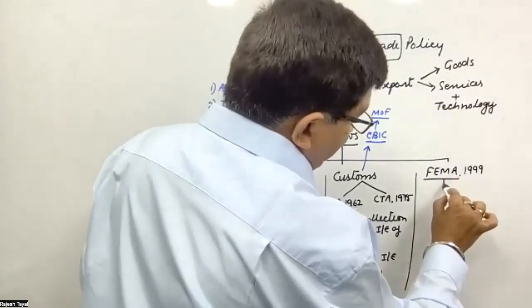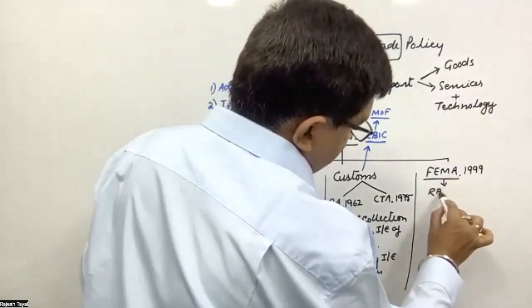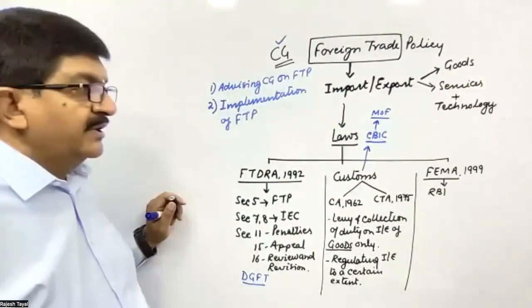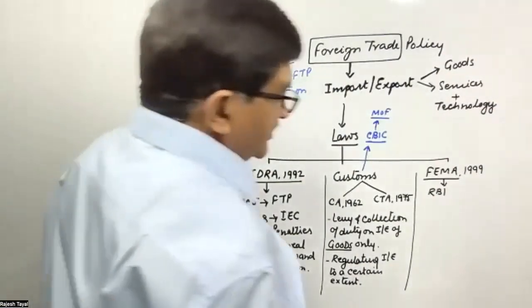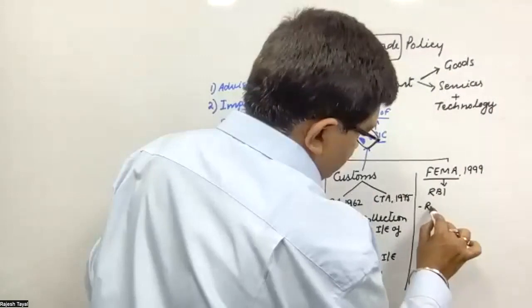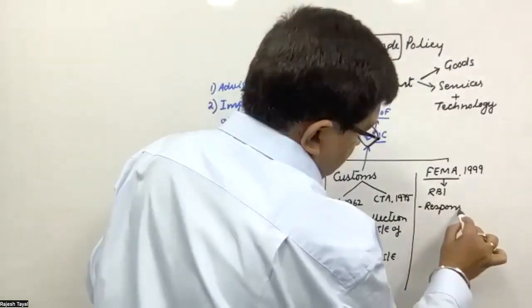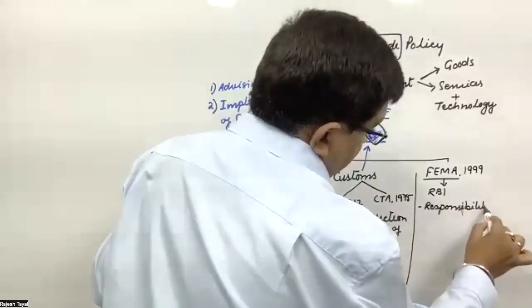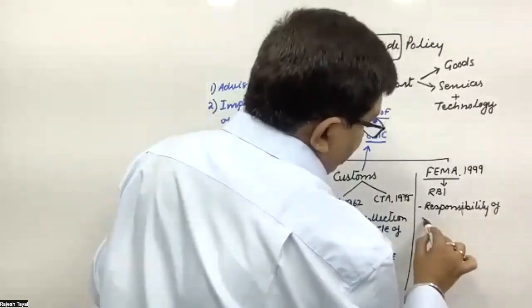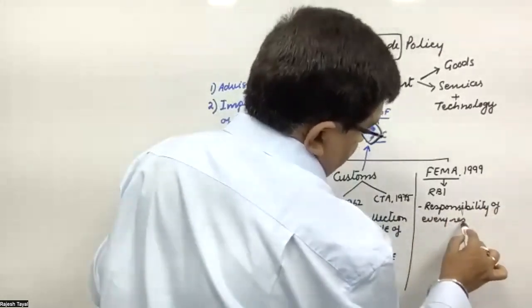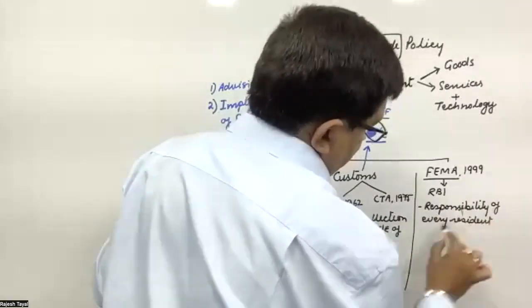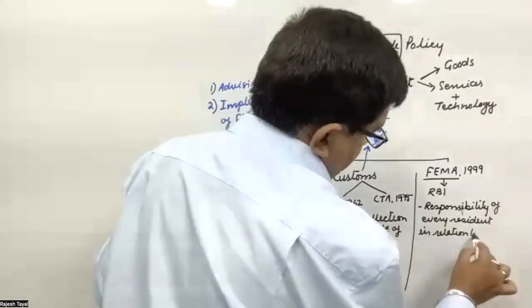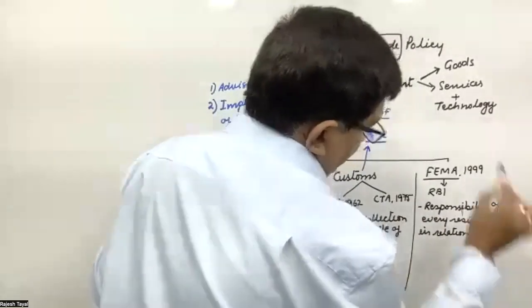In this act, highest authority is RBI. And what FEMA does, this deals with the responsibility of every resident in relation to forex.